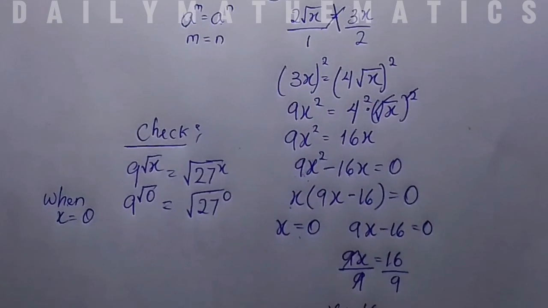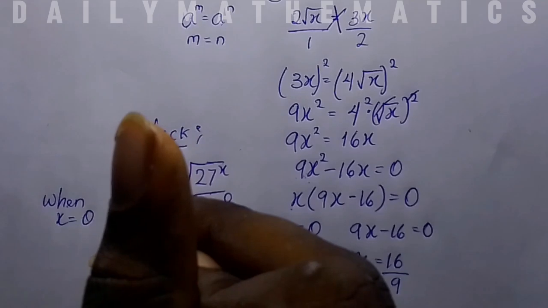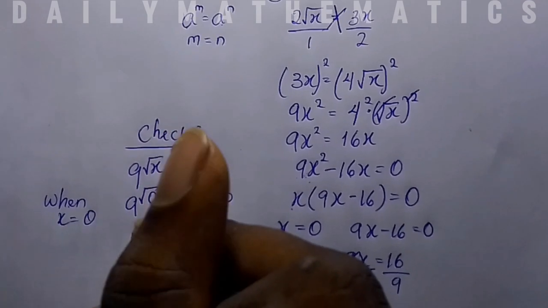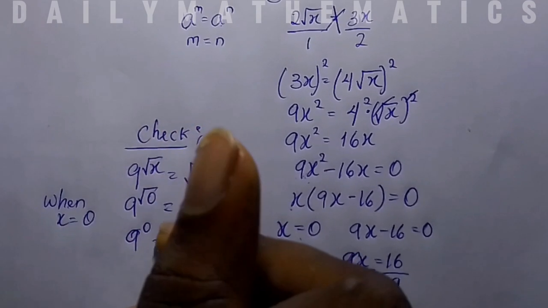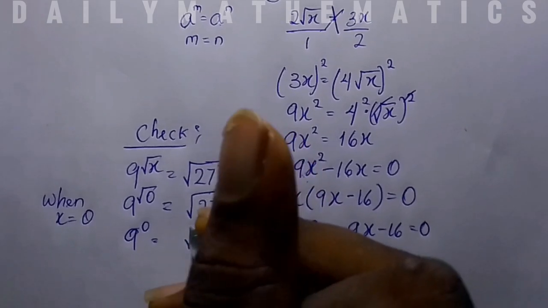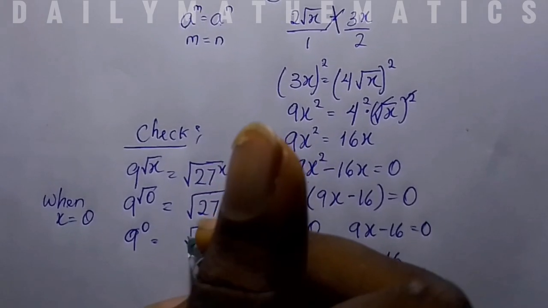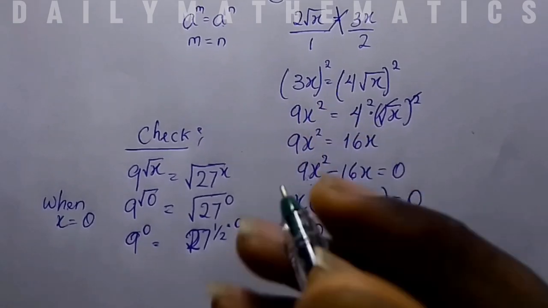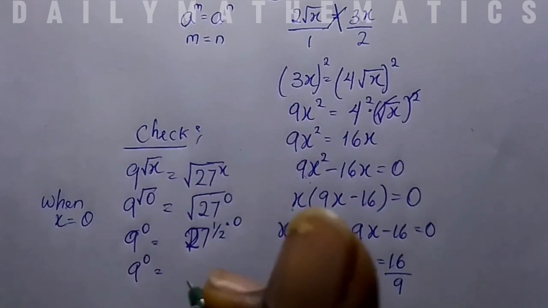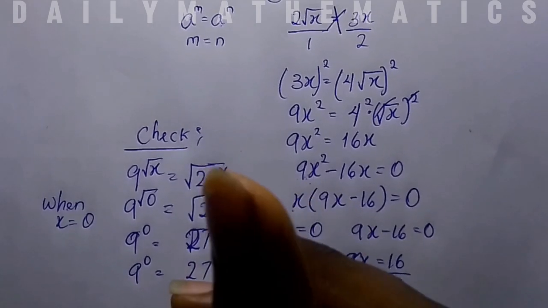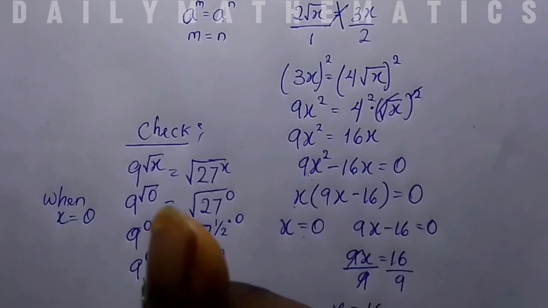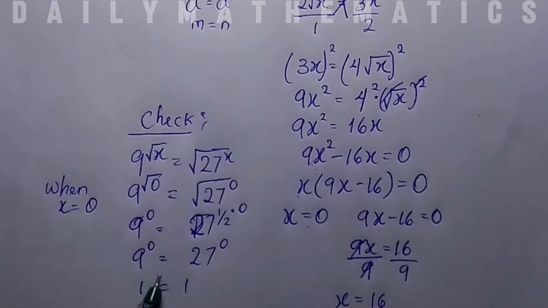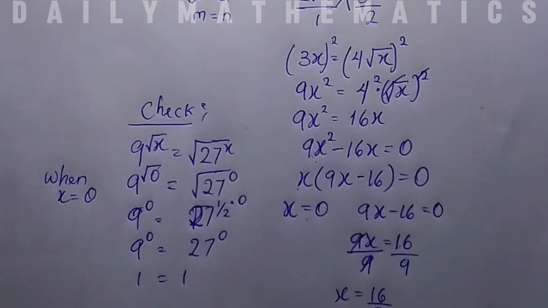Root 0 is 0, so we have 9 raised to the power of 0 equals root 27 raised to the power of 0. The root of 27 becomes 27 raised to the power of 1 over 2, and 1 over 2 times 0 is still 0. So 9 raised to the power of 0 is 1, and 27 raised to the power of 0 is 1. So we can see that it is correct.